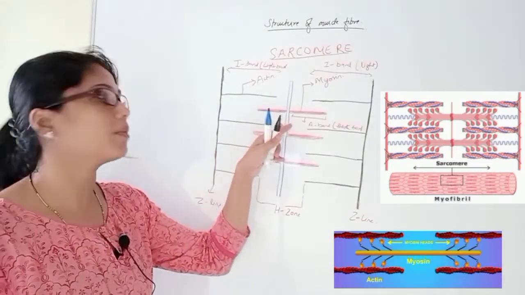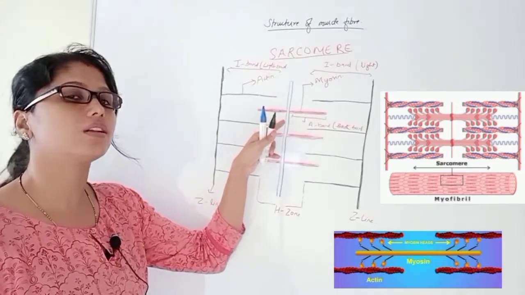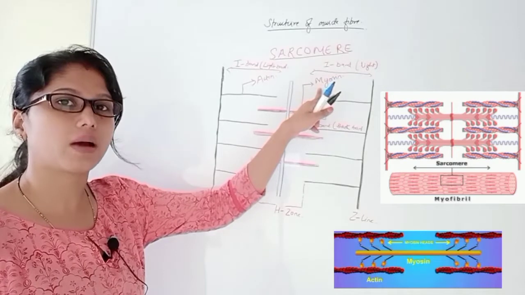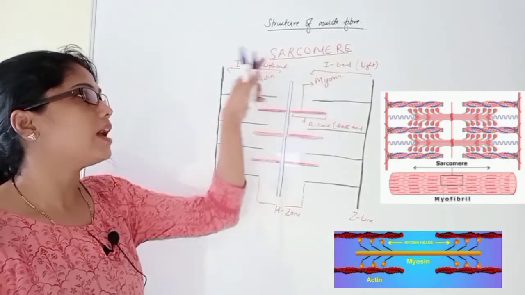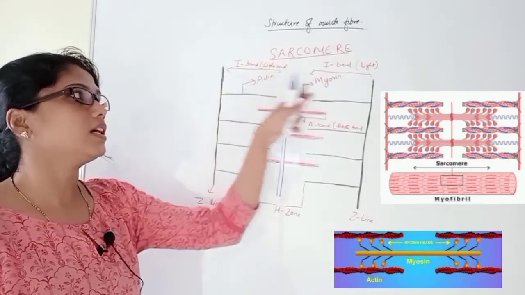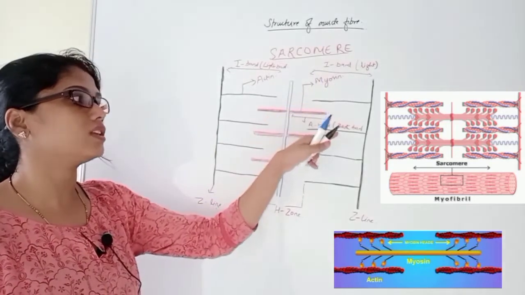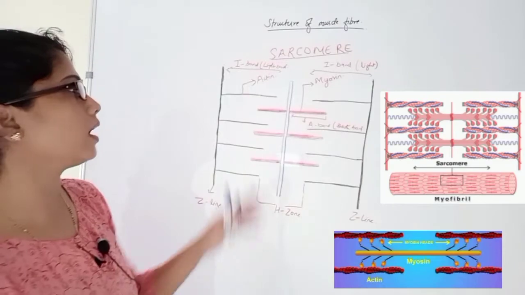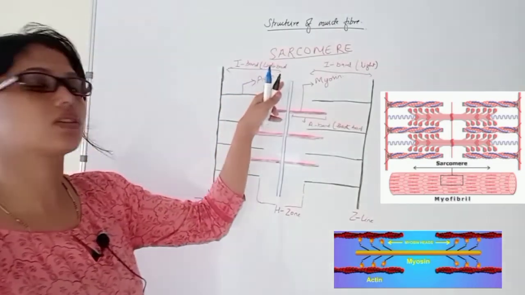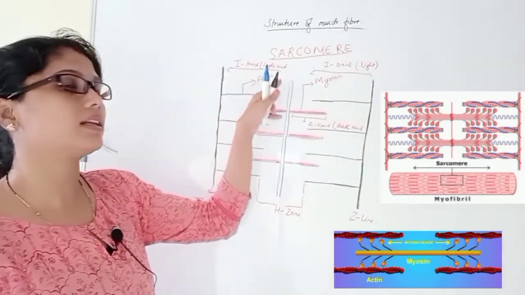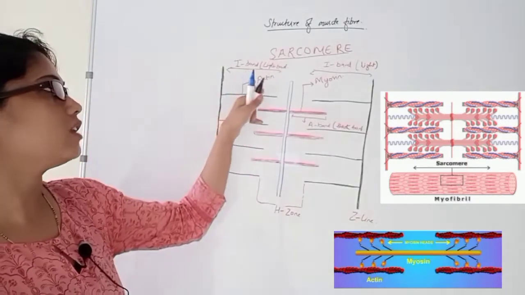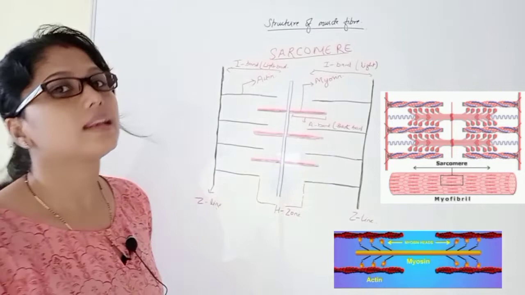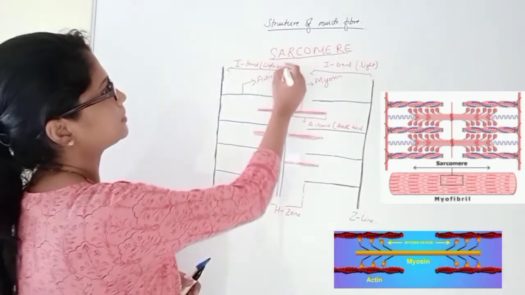And the thick filament here in the middle is called myosin, which is the protein filament of the myofibril, and this forms the dark band, also called the A band, which gives the striated look. And this is called the thin filament, that is actin, and it forms the I band, which is the light band.